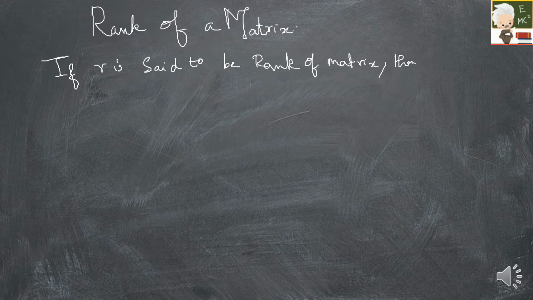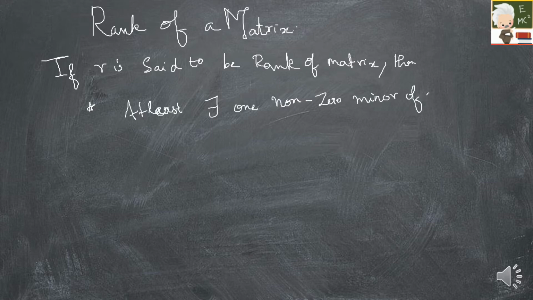First, at least one non-zero minor of order r exists, that is, it should not be 0.